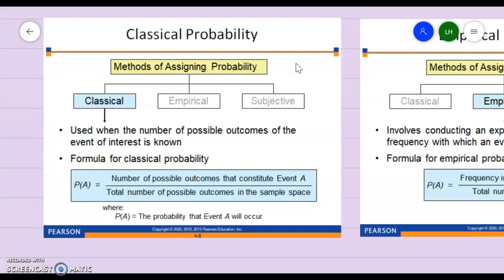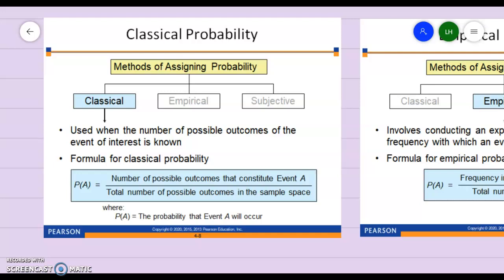An example of this is rolling a dice or drawing from a deck of cards, because it's used when the possible outcomes are known. In the previous video we did calculate classical probability.